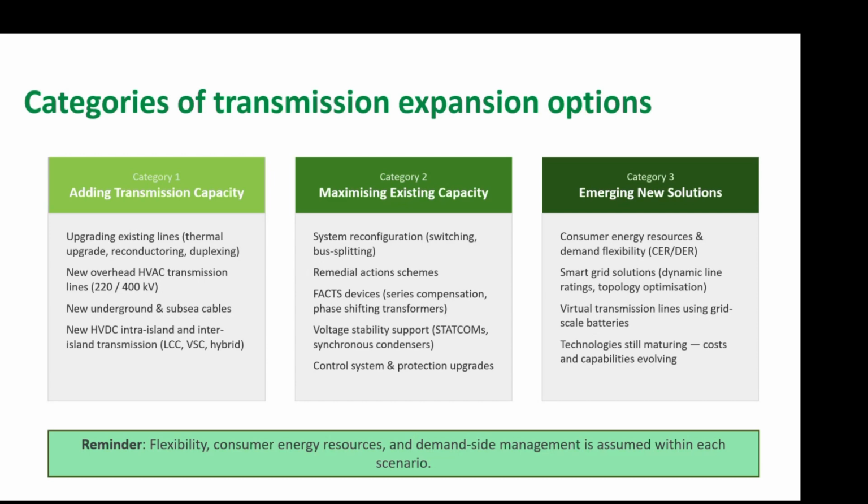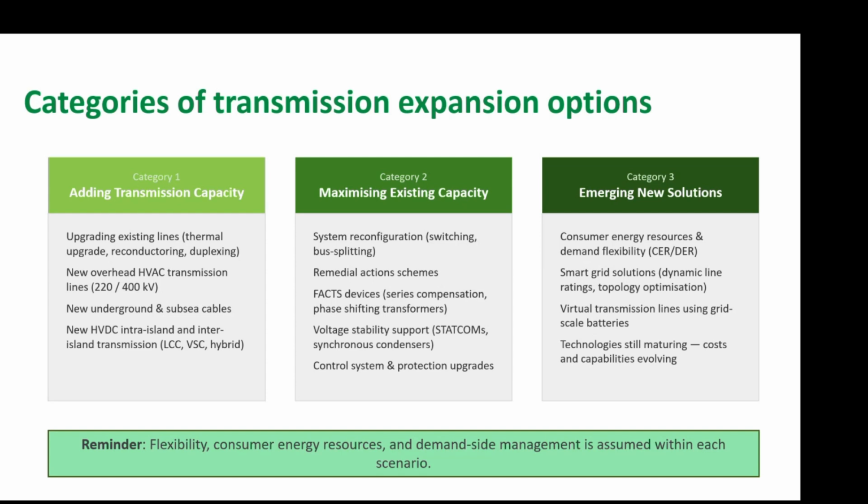This is really the primary focus of Te Kanapu. These are the options that physically increase the amount of electricity the grid can move: new lines, additional circuits, major reinforcements, new substations, or large interregional upgrades. They're typically capital intensive, they take time to deliver, and they need strong confidence to justify, but they also provide the biggest step change in capability.